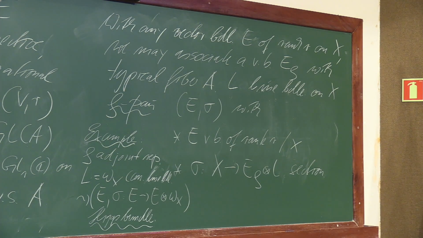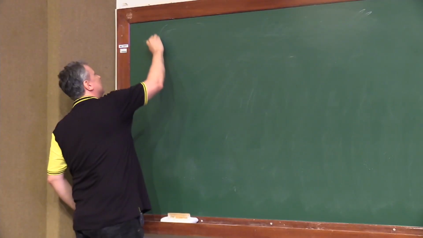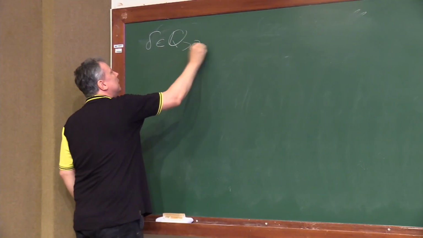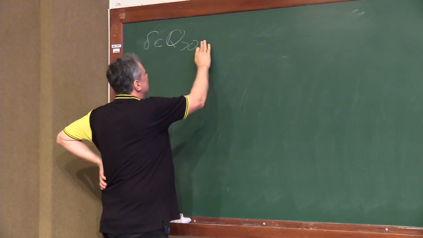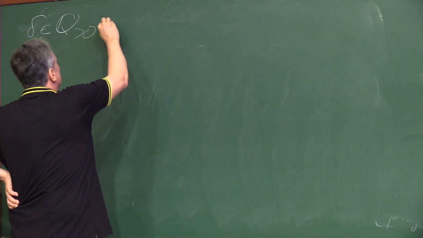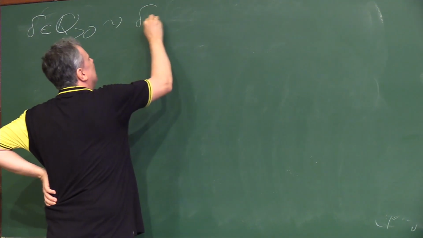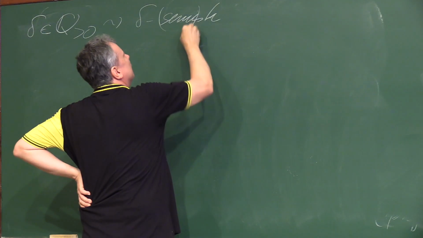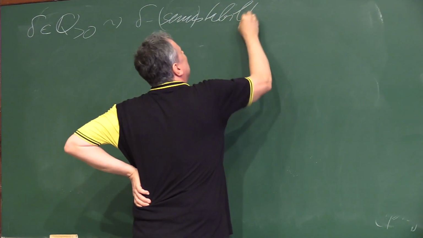And again, if you would like to study the classification, you take a positive rational number, and you get something which is called delta semi-stability or stability. I will not write it down completely.